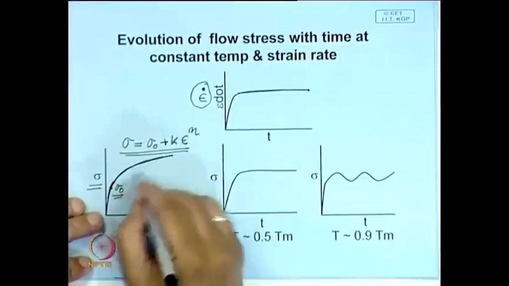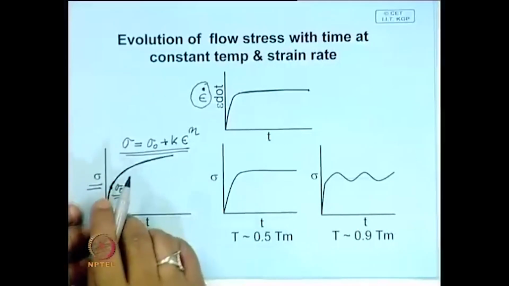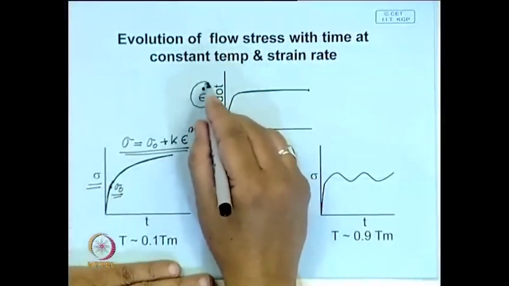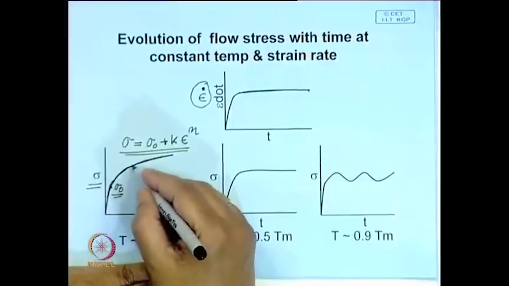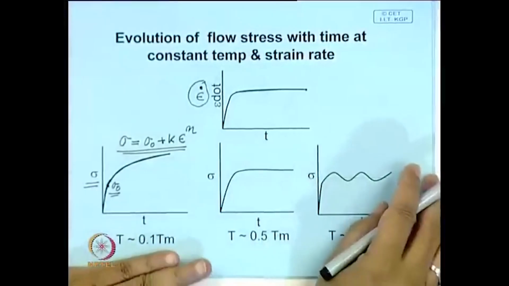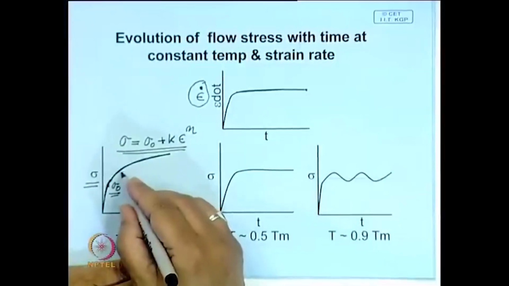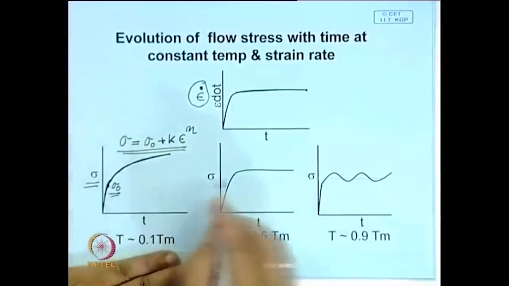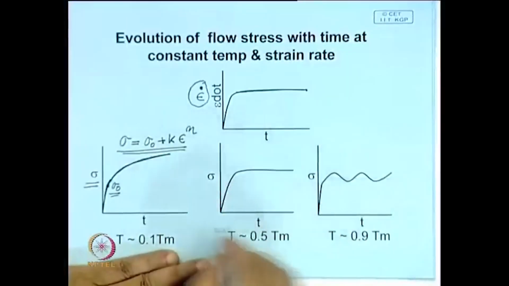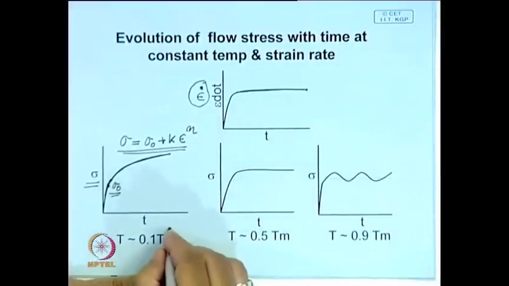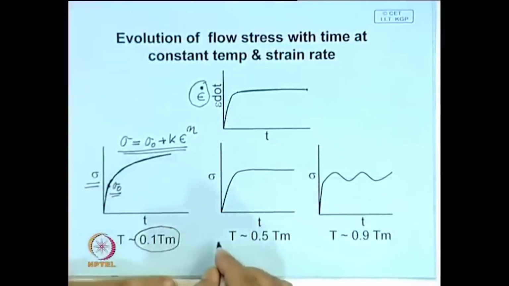Unless you increase the load, you will not be able to maintain the same strain rate. To maintain the same strain rate, you have to keep increasing the pressure applied to the job that you are shaping. This happens when you are doing the working at a lower temperature, room temperature.